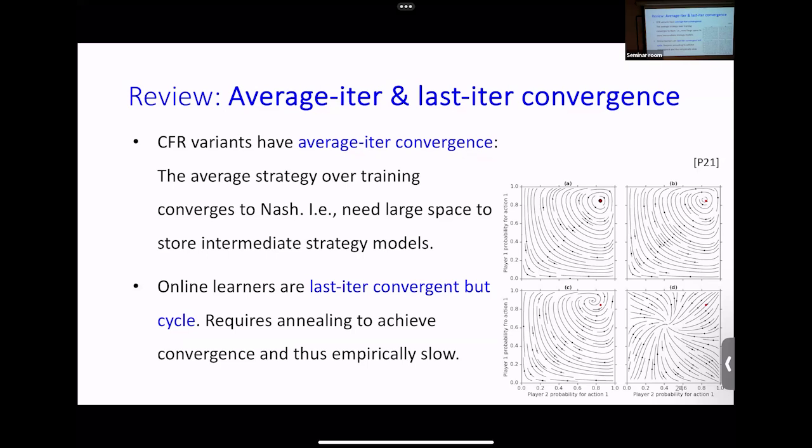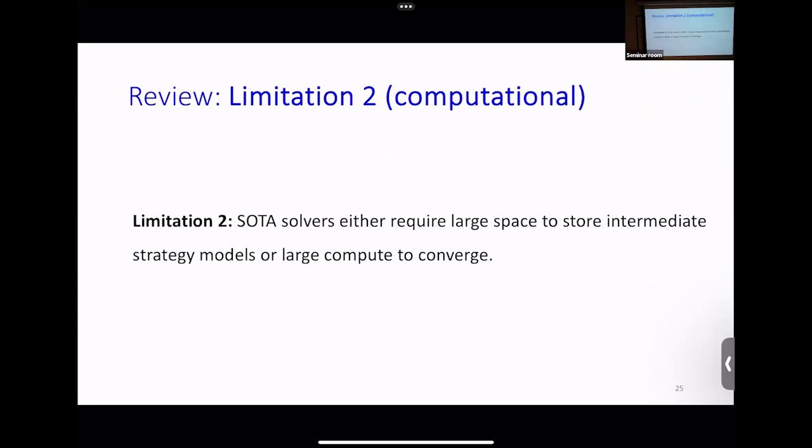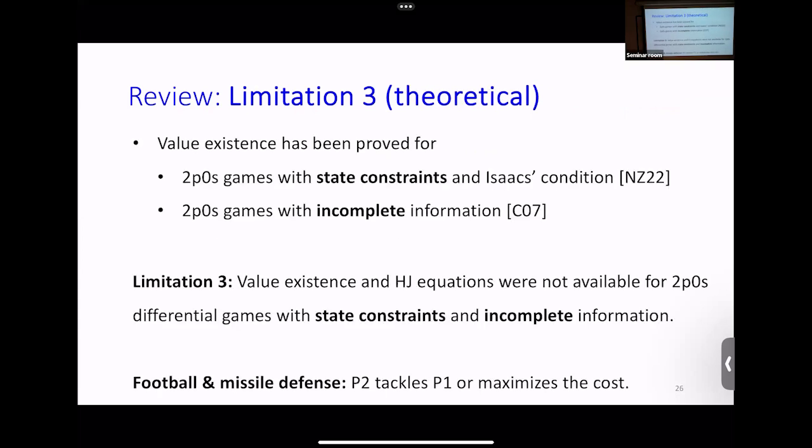That's the thing that converges. And there are last iterate convergent algorithms, but they are very slow. So I'll skip the details of this, but overall, what I'm saying is that either you require large space to store all the policies, or it takes a lot of time to converge to the Nash equilibrium for these type of algorithms.